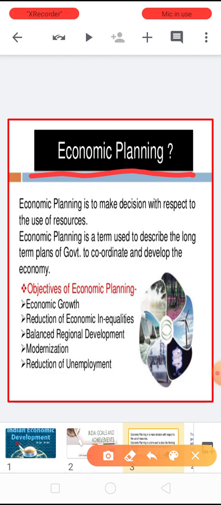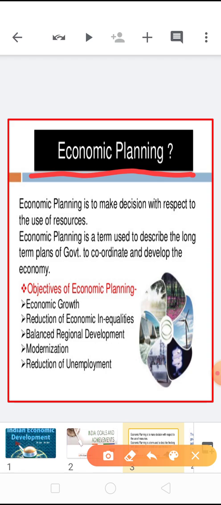So, economic planning means utilization of the country's resources in different development activities in accordance with the national priorities. This is the definition which is given by the Planning Commission.